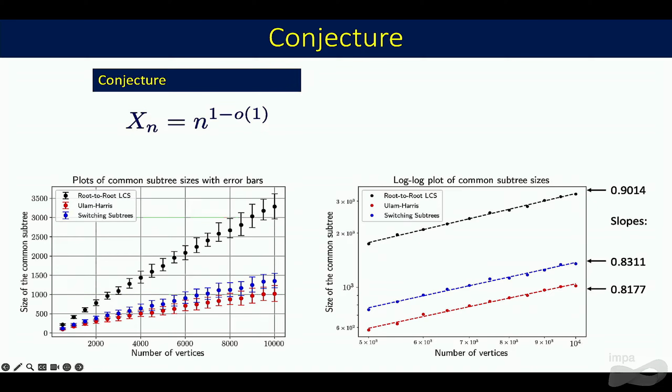Okay, so that's great. Here, what we do is we have two uniform attachment trees, and we're going to match the root node in one to the root node of the other. And we're going to look at the largest common subtree with this restriction.